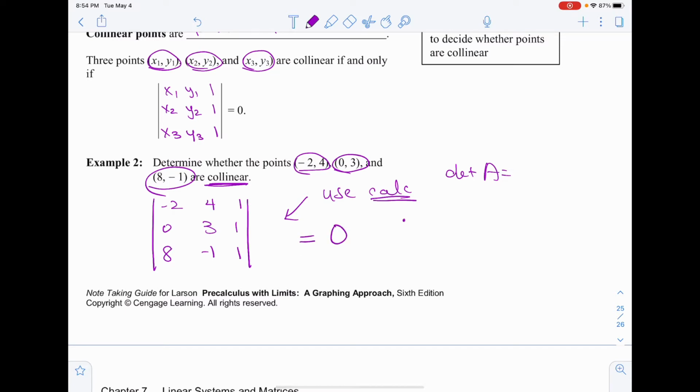So therefore, and in math, there's this fancy symbol for therefore, it's a triangle of 3 dots. So we say, therefore, they are collinear.